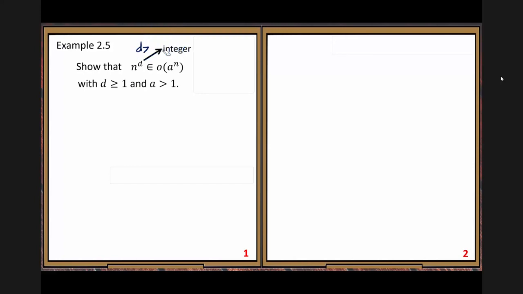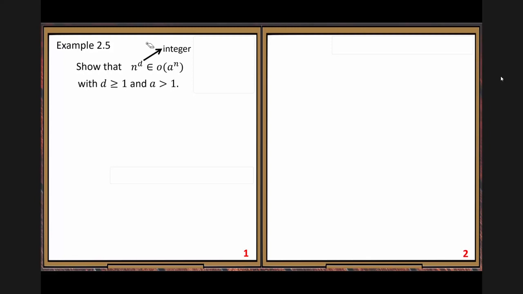So when we start, we assume d is an integer. If it's not an integer, we work on it later. The first time, we want our situation simpler. At the beginning, you don't want to work on a relatively hard case, right?